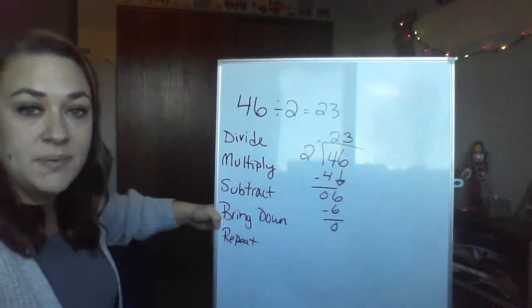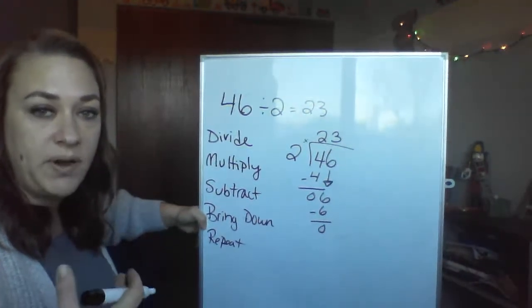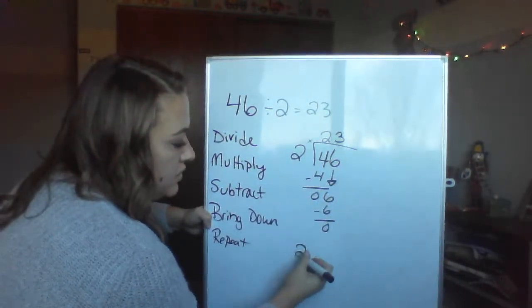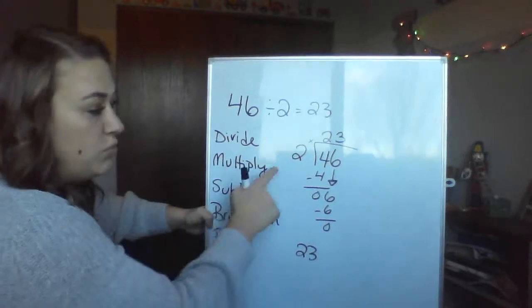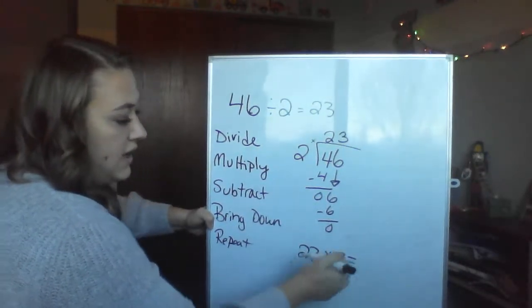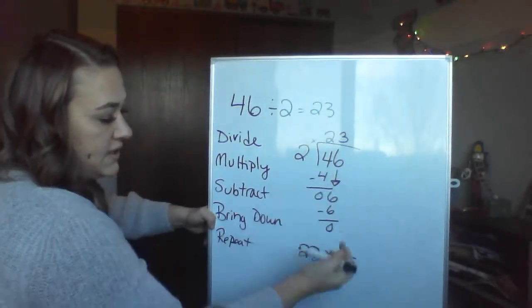Now we can check this with multiplication and addition. This one would just be multiplication because I don't have a remainder. So to check this, I'm going to take 23, which is my quotient, and multiply it by my divisor. If I did my division correctly, my answer should be 46.